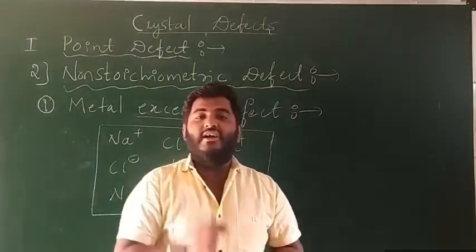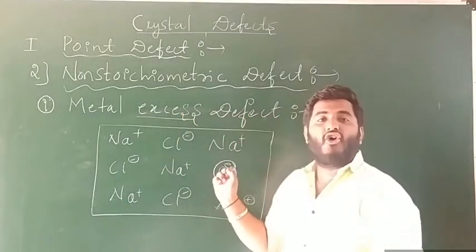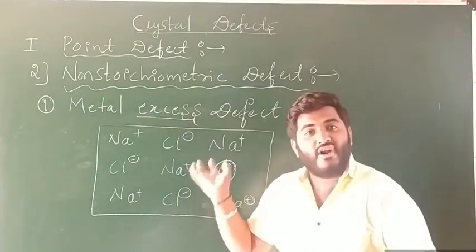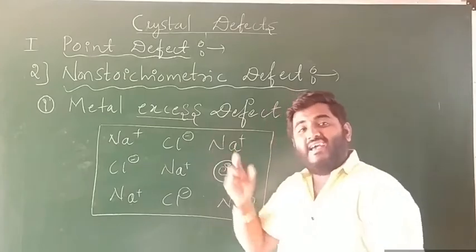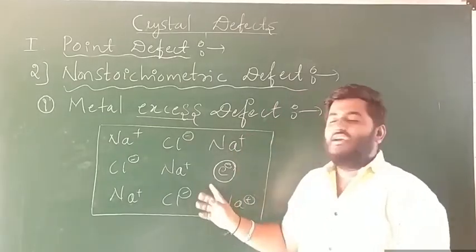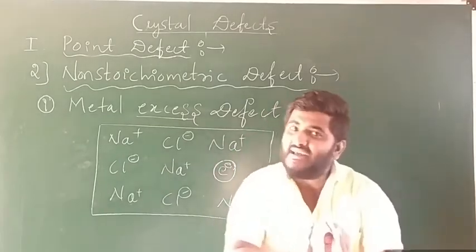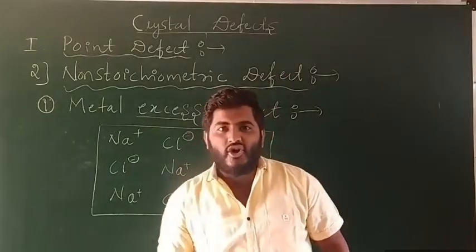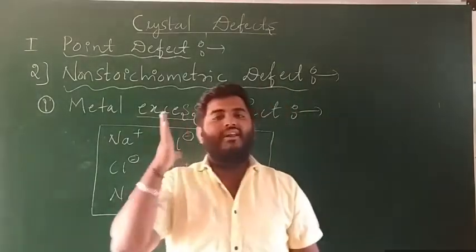That yellowish color is due to this extra electron of chlorine. Chlorine went outside, but only its electron remains here. So electrical neutrality is maintained and light is absorbed by the electron. Therefore, the yellowish color appears.